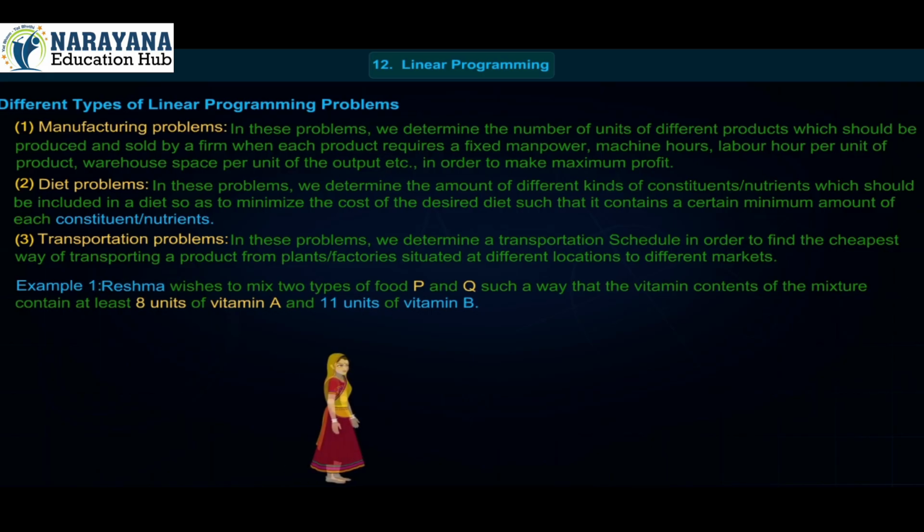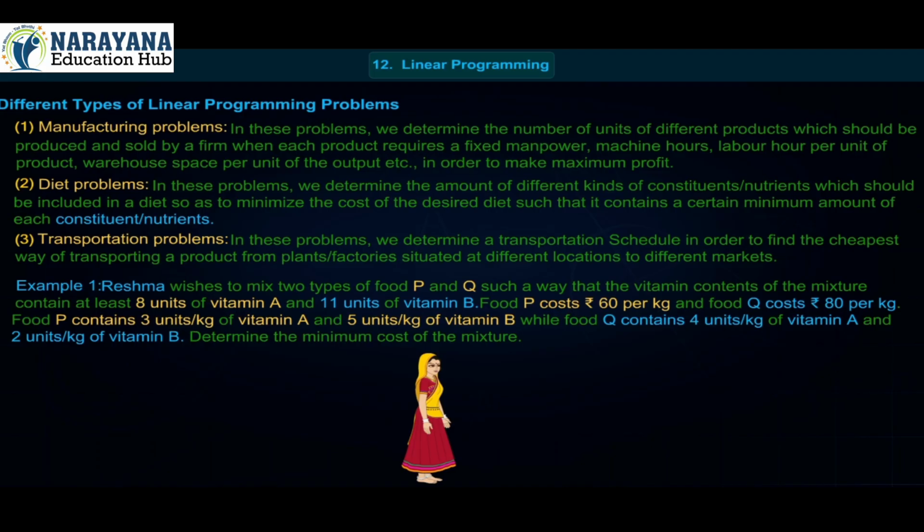Example 1. Reshma wishes to mix two types of food, P and Q, in such a way that the vitamin contents of the mixture contain at least 8 units of vitamin A and 11 units of vitamin B. Food P costs rupees 60 per kilogram and food Q costs rupees 80 per kilogram.